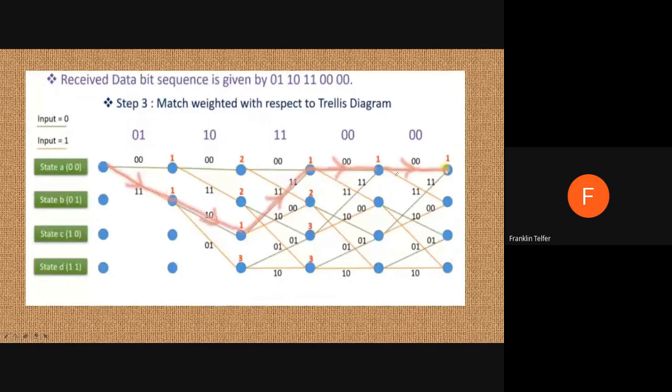From that, you have to trace the last step with respect to the trellis diagram, matching the weights which have a lower weighted value. So you start from the starting node, and from there you are going to trace the lowest possible node.